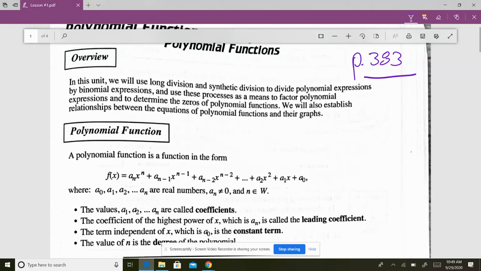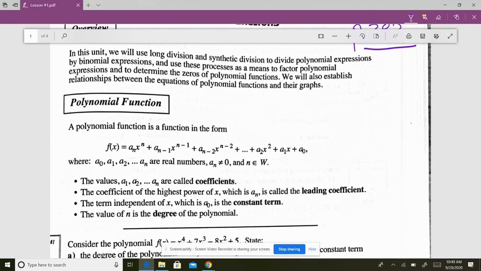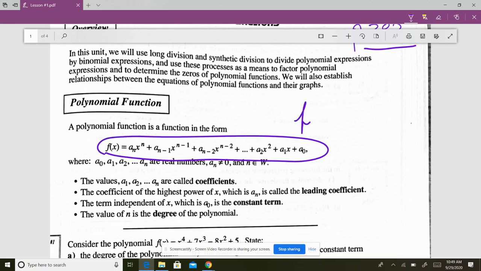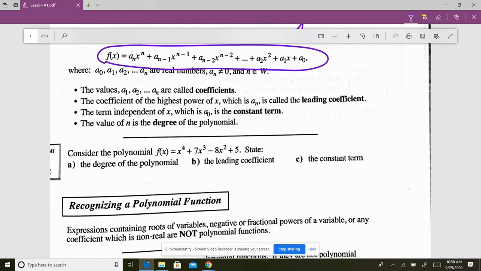So I think in the very first lesson that we did in functions, you saw this, which is the general form, but really we're just used to seeing, actually I'll just show you this one. We're used to seeing just stuff like this. So what is the degree of a polynomial? And in this case, the specific one, what's the degree? 4. How do you know that?